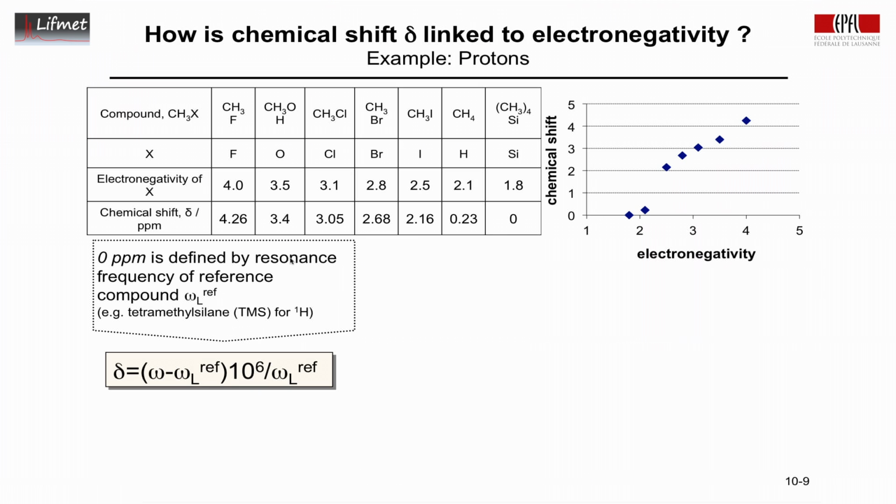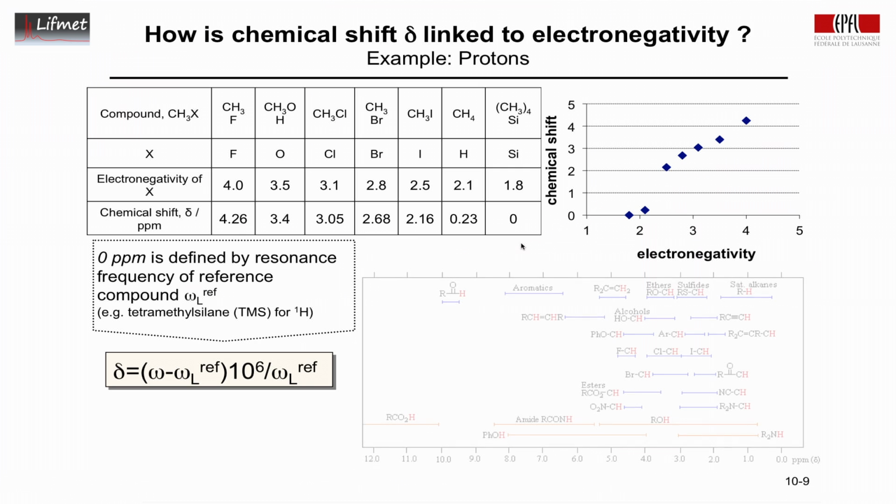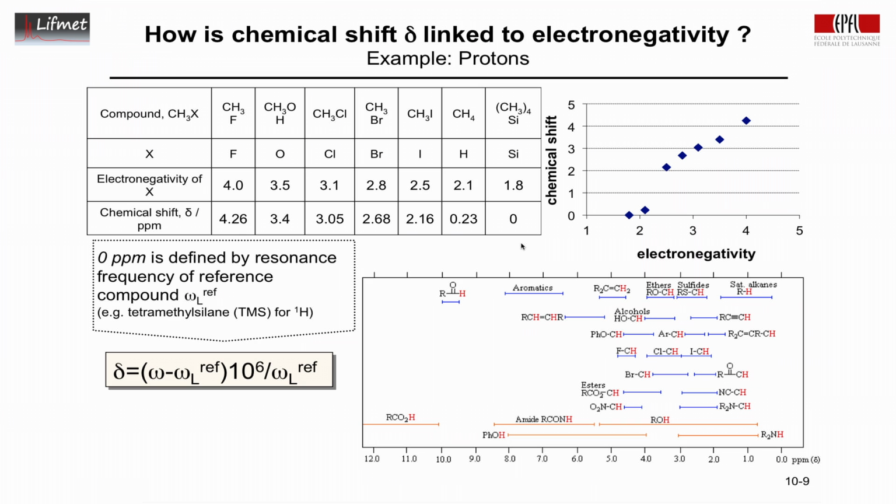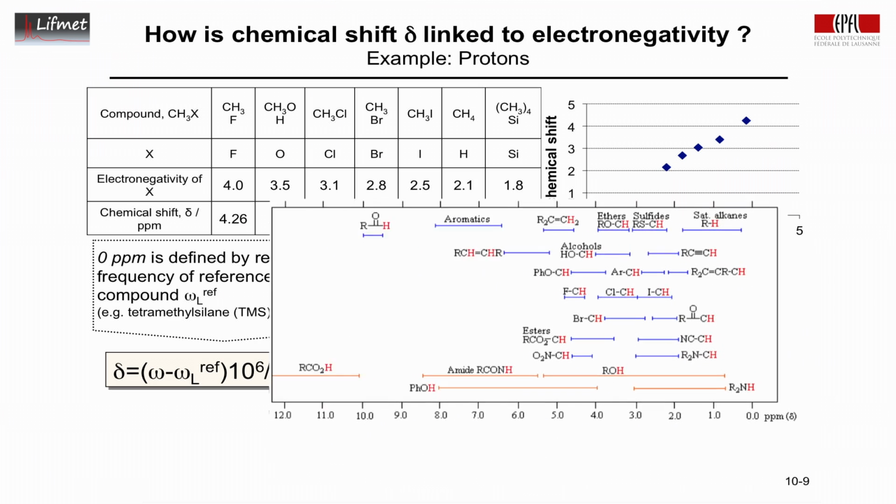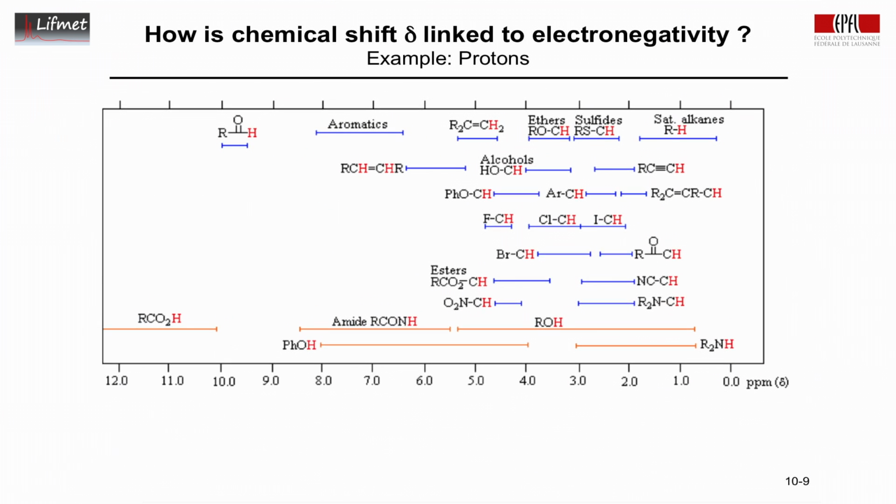So there is no absolute measure here. That this is 0 is a convention. Where the 0 is placed, what is important here is the relative relationship. And so if one looks at the chemical shift of protons, that's the nuclei of hydrogen, in all sorts of different compounds, one knows roughly based on the type of chemical bond in which range the chemical shifts appear.